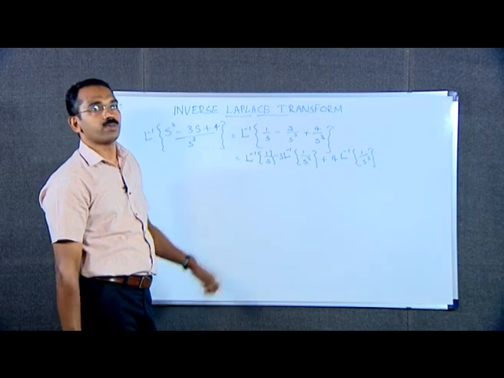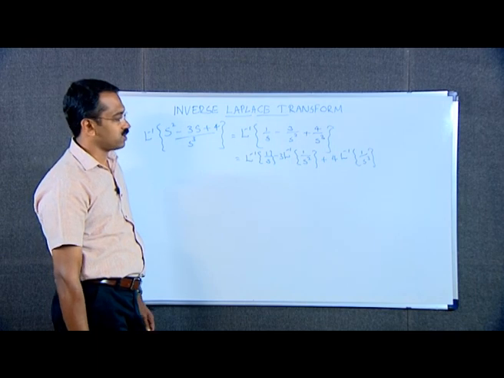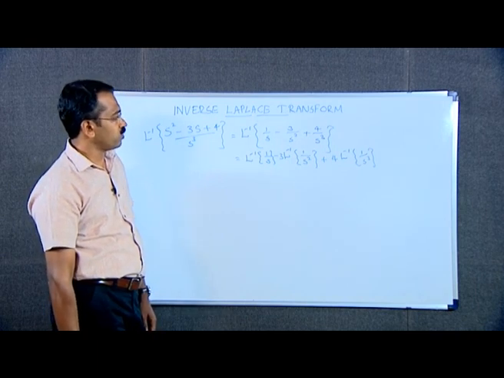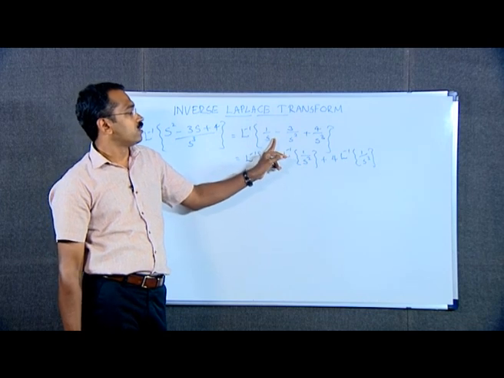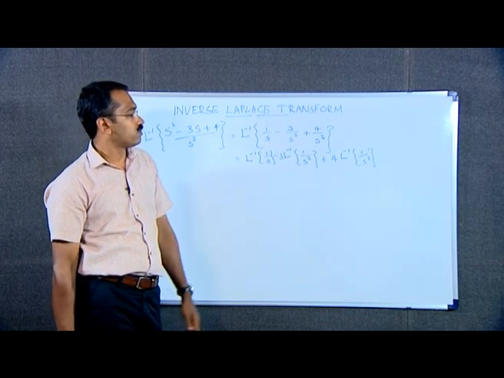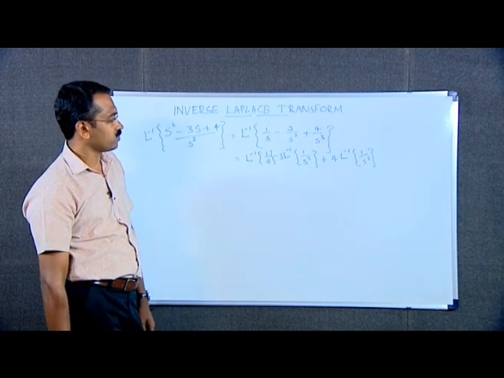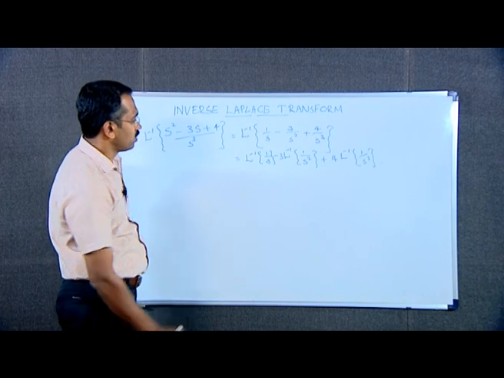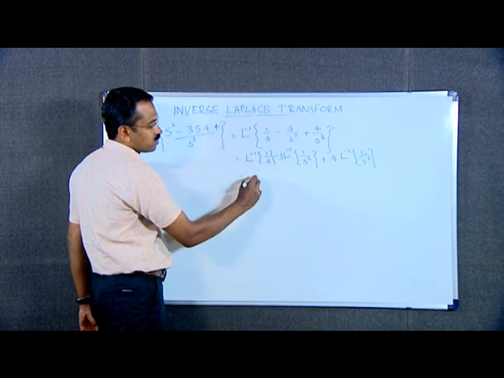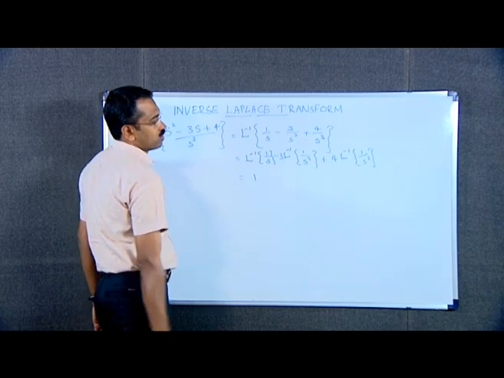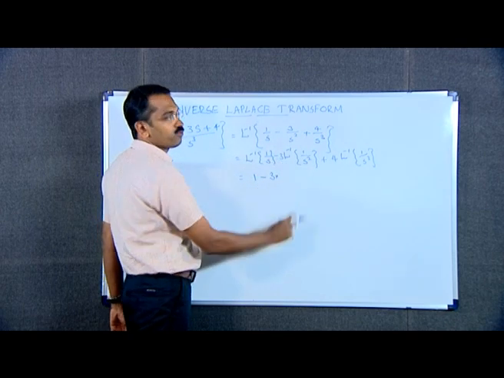The linearity property of Laplace transform is applicable in the inverse Laplace transform also. Therefore, we write this as 3 terms of inverses. This is equal to L inverse of 1 by s, which is 1, minus 3 into L inverse of 1 by s square.